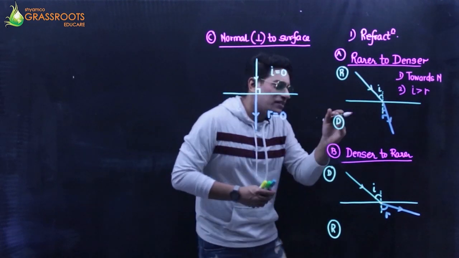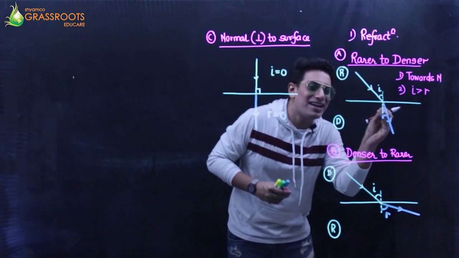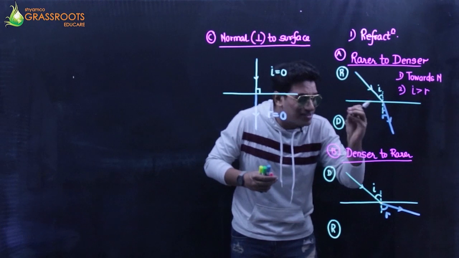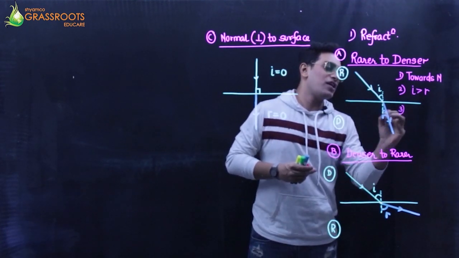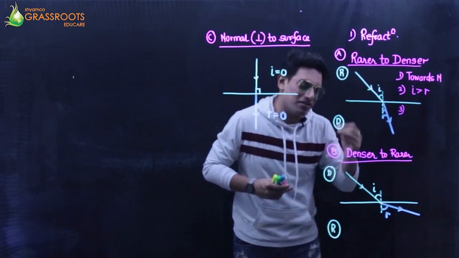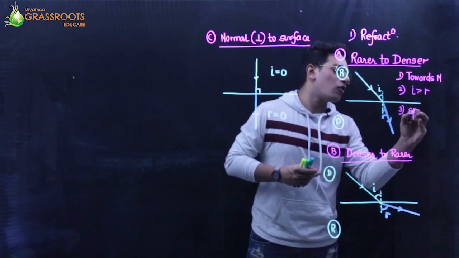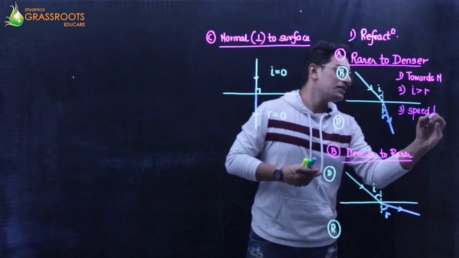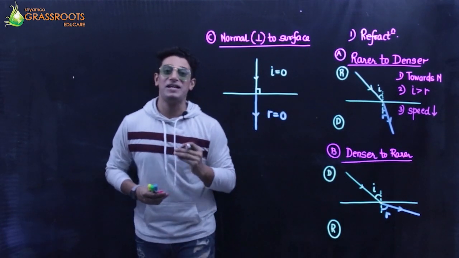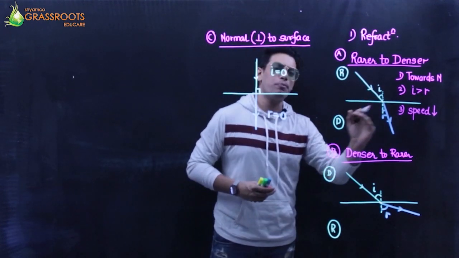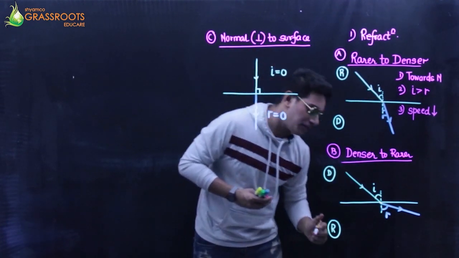And definitely the denser medium has a lot of atoms and particles, as a result of which the speed reduces. So there is an obstacle, there is a hindrance out here. So the speed of light decreases. There is even a small effect on the brightness. However, 3 points suffice for the answer.